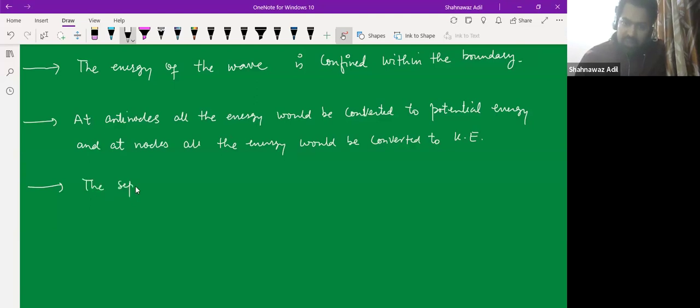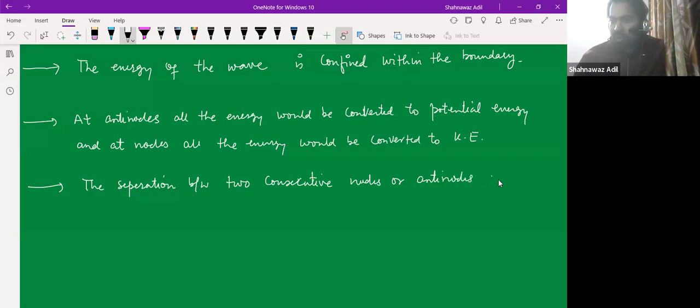the separation between consecutive nodes or antinodes is lambda by two.